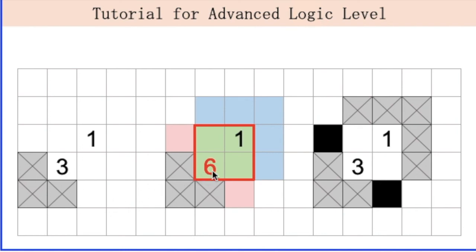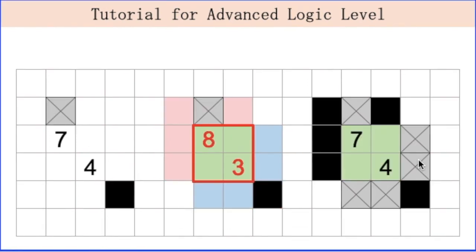In your head, this is 6. So now you have 6 and 1, a difference of 5. So all the empty spaces here will become black spaces like that, and the spaces in the area surrounding the smaller number 1 will become gray spaces, right?